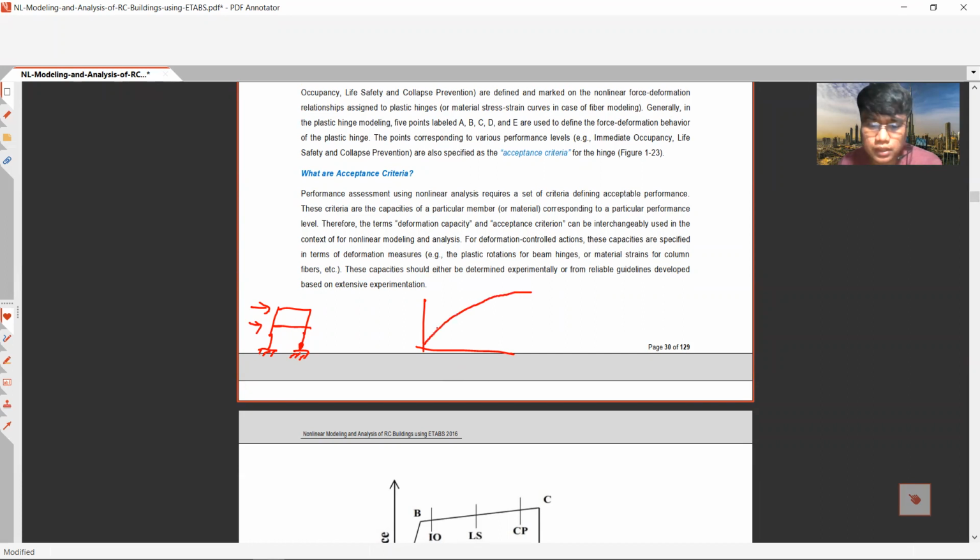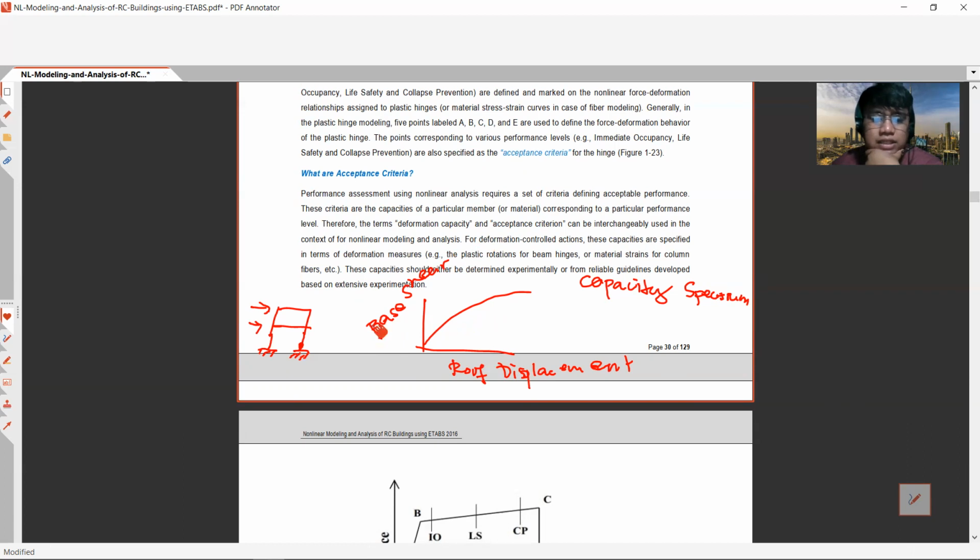This one is the roof displacement, and this one is the base shear. This plot is called the capacity spectrum. It means this is the capacity of our structural frame. It plots the roof displacement at which the first plastic hinging occurred.